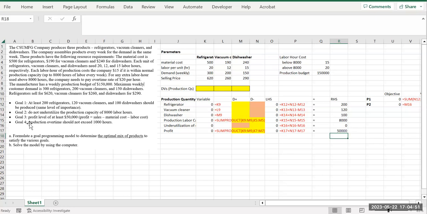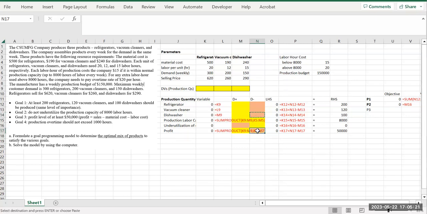Next, goal 4, production overtime should not exceed 1,000 hours. So first, before I move to that, let's define priority 3. So priority 3 is looking here, profit, it says again, at least 50,000. So going over is fine. Going under is not fine, right? So that's what we're trying to avoid.